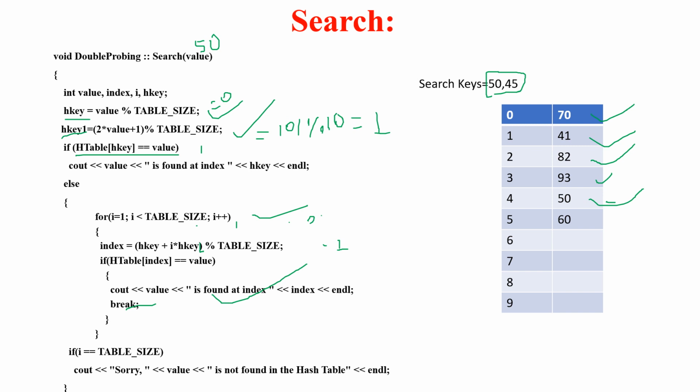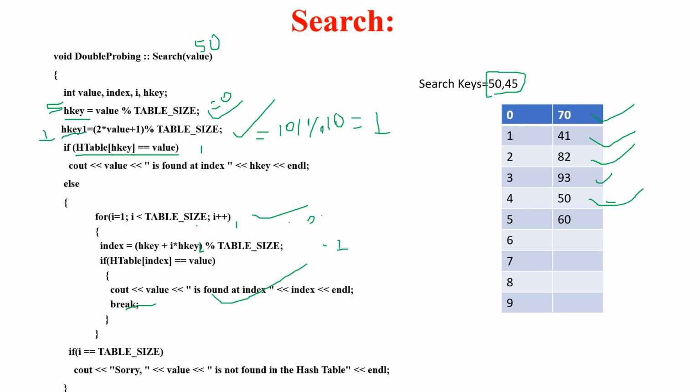You will get the value 5. And h2 is 45 into 2, 90, 90 plus 1, 91, modulus 10, you will get 1. The h2 value is also 1 here, right?